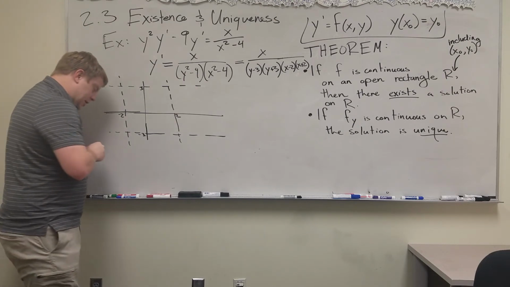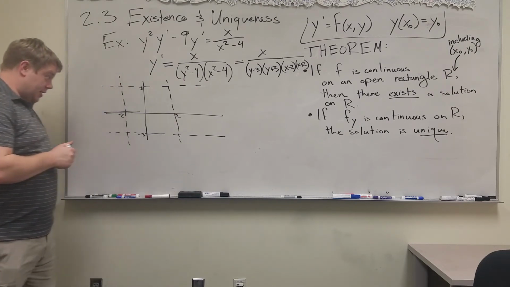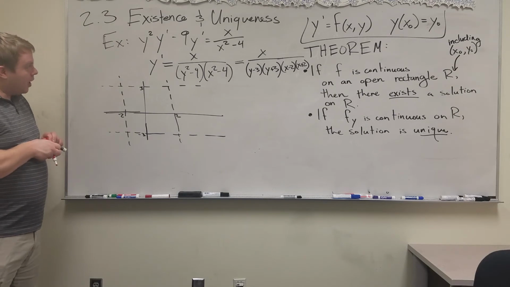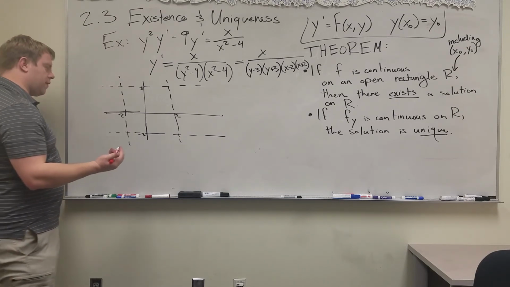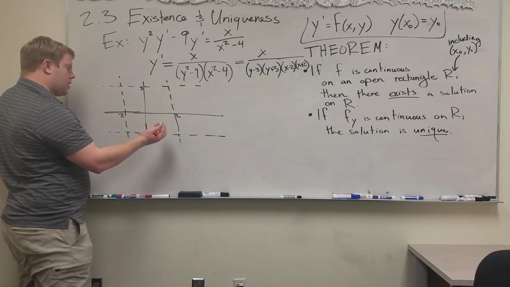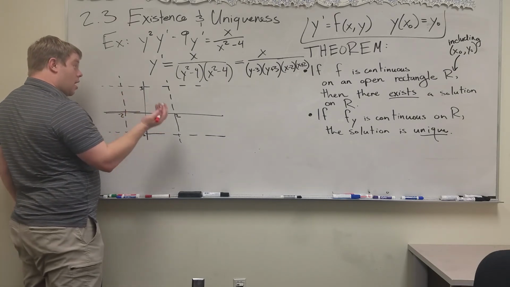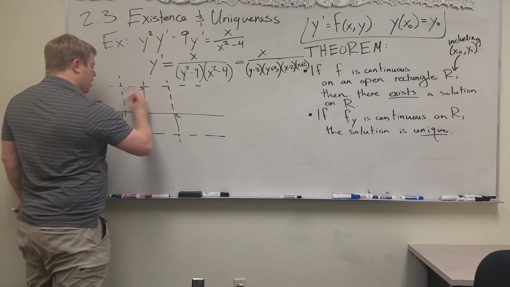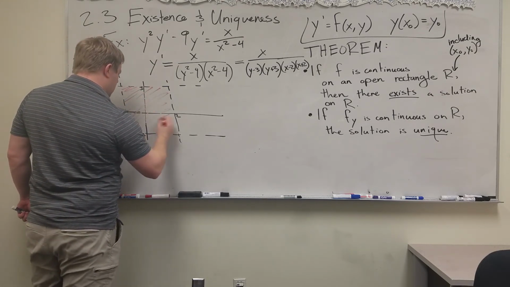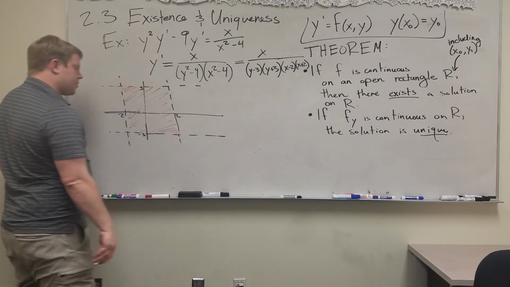And the open rectangle where I can guarantee existence is going to depend on where my initial condition is. So if x naught is between -2 and 2, and y naught is between -3 and 3, then I would be talking about this open rectangle.